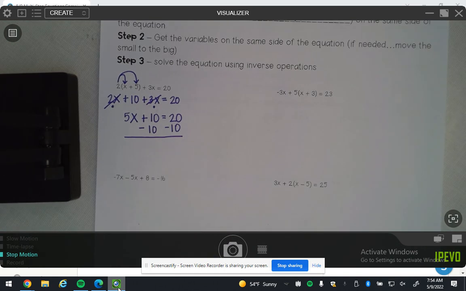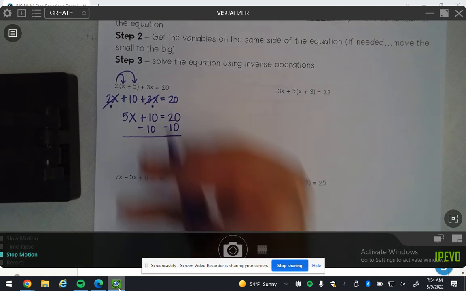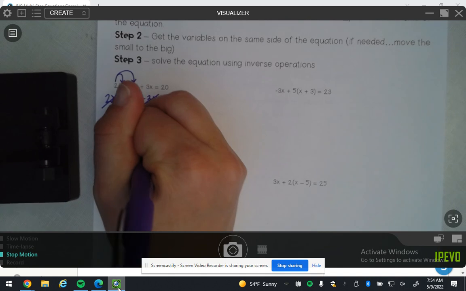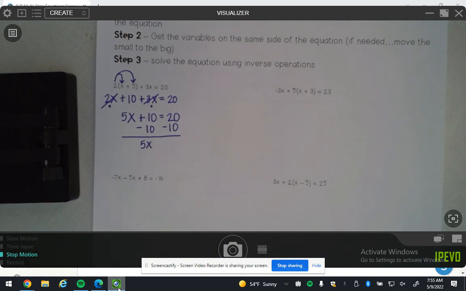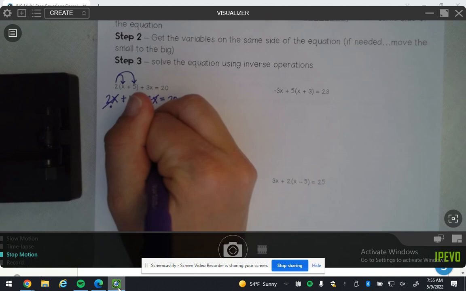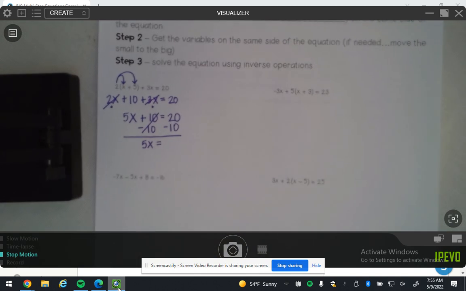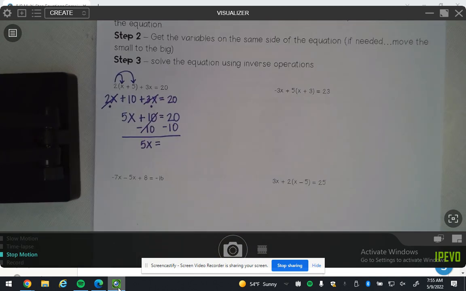What do I do with the 5x? Bring it down. What happens with the 10s? They cancel. Equal sign comes down. What's 20 minus 10? 10.